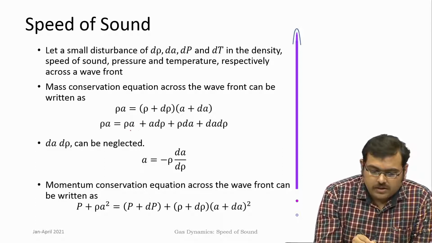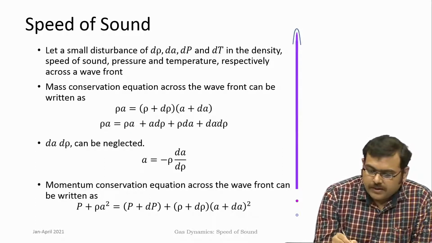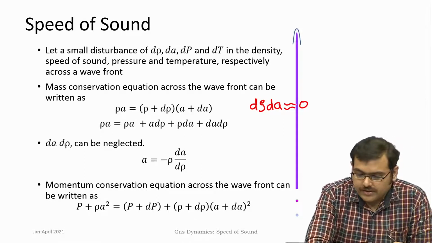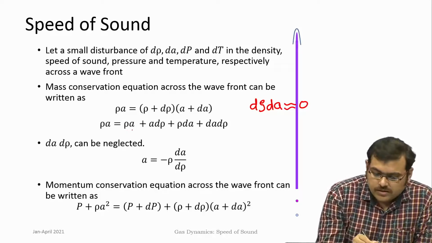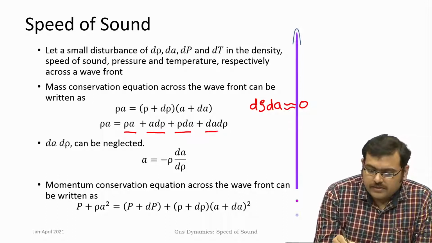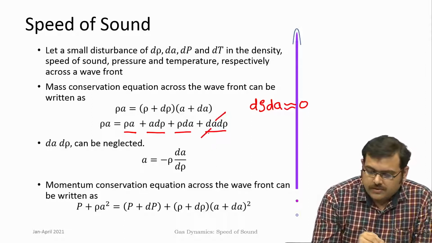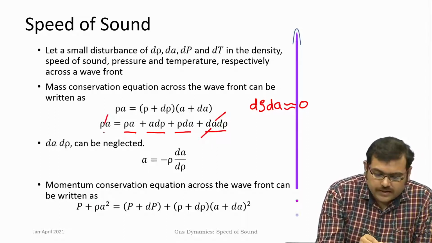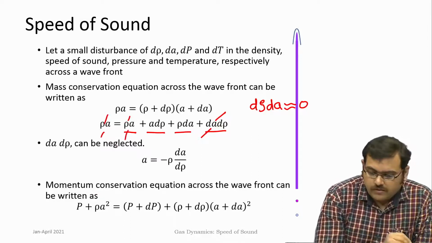This can be expanded, and you apply the condition that when two small quantities d rho and dA get multiplied, the product is negligible, approximately equal to 0. So when expanded you get rho a plus a d rho plus rho dA plus dA d rho. Now this last term is negligibly small, so it can be removed, while rho a cancels from both sides.